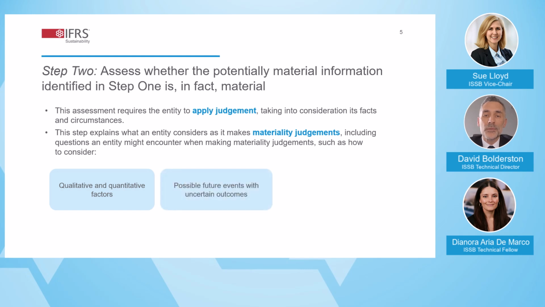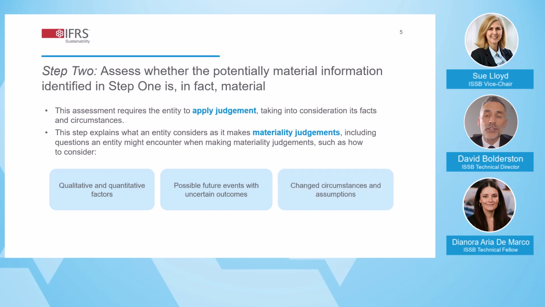In addition, entities may need to assess whether the information about possible future events with uncertain outcomes is material. And in those cases, the entity must consider the range of possible outcomes and the likelihood of the possible outcomes within that range. For example, an entity would consider both the probability of an event occurring and the magnitude of the potential effects.